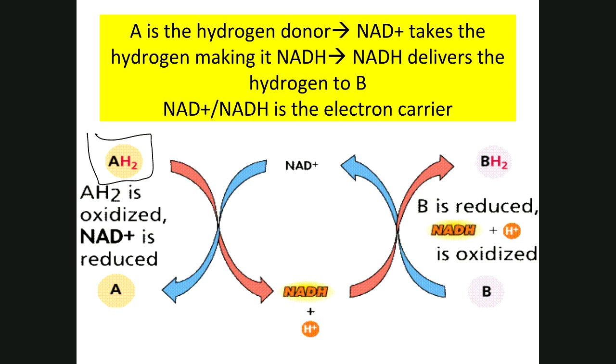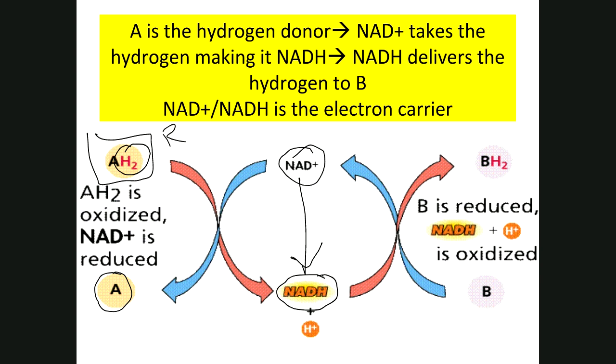Now we're going to oxidize it, remove the hydrogens, and the molecule that gets the hydrogens is now reduced, and molecule A has been oxidized. The molecule that is reduced was previously oxidized. So this one is reduced, this one is oxidized. At the end of the process, this one is oxidized, this one is reduced. So this is what we call oxidation-reduction reactions.